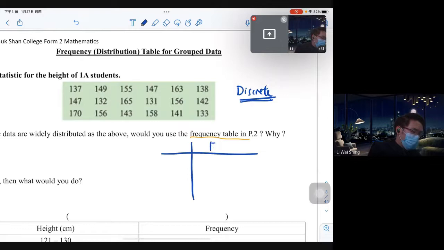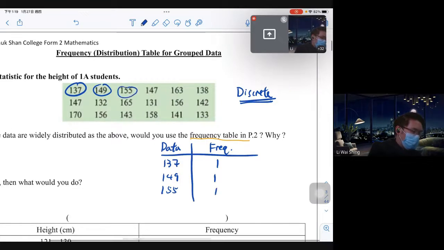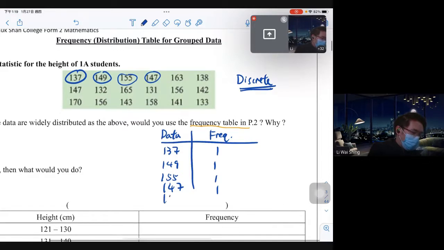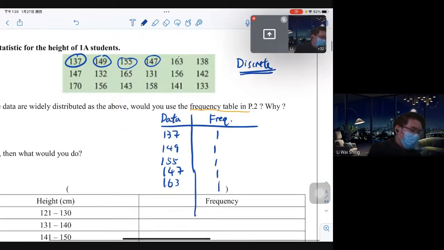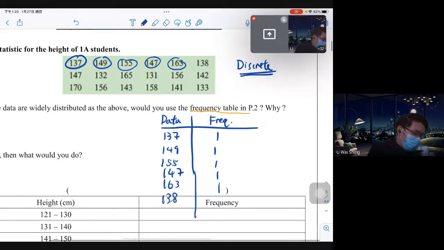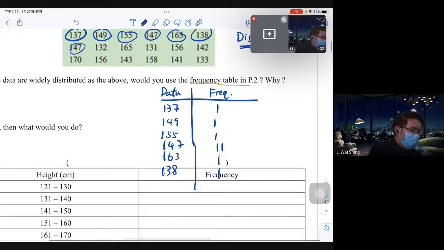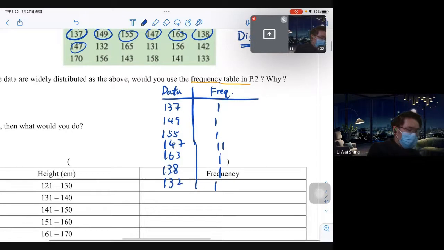The data: 137 appears for 1 time. 149 appears for 1 time. 155 appears for 1 time. 147 appears for 1 time. 163 appears for 1 time. 138 appears for 1 time. 147, oh, it's 147 again, so it appears for 2 times now. 132 appears for 1 time.